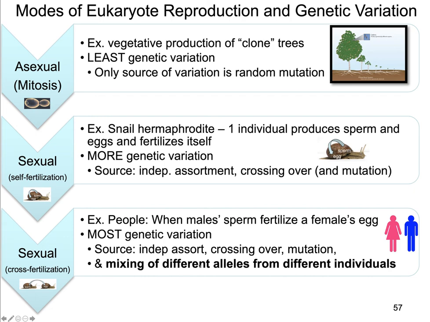So on top of independent assortment, crossing over, and the mutation that can occur in each individual to produce the egg and the sperm, you can also have mixing of different alleles from these different individuals. So this creates the most genetic variation of any of these types of reproduction.